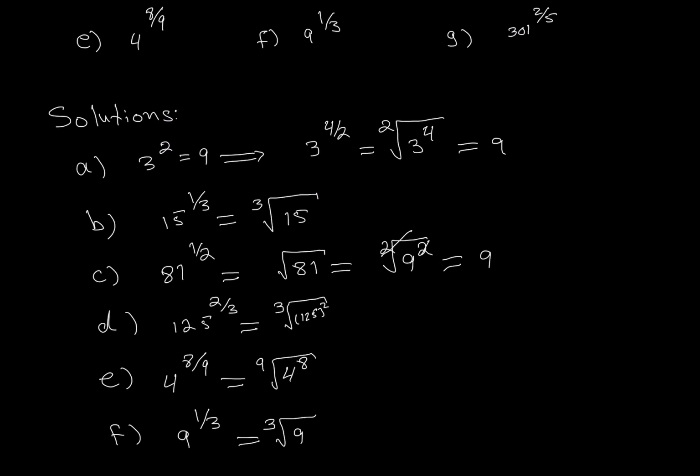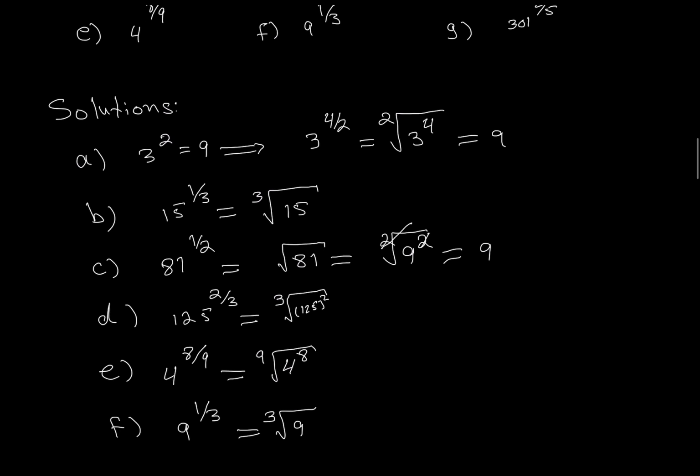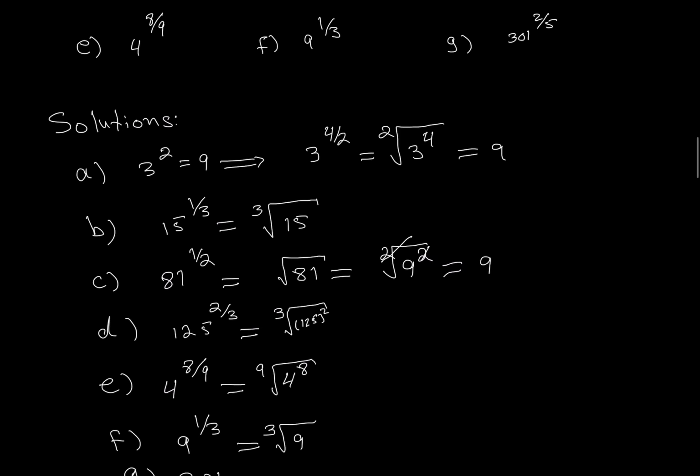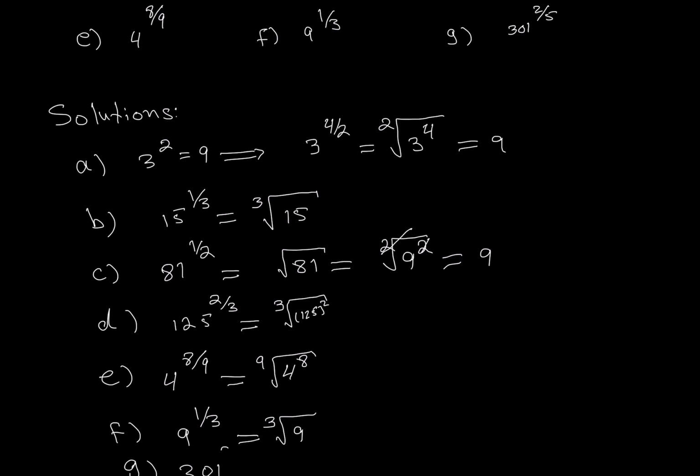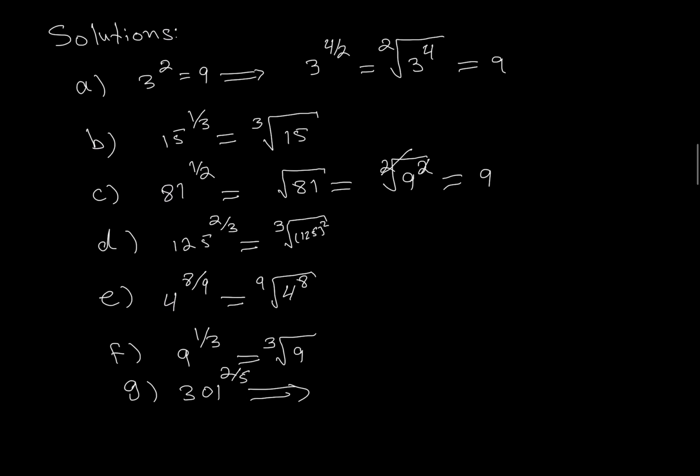Here we do not write it down. So what is g? g is 301 to the power of 2 over 5. You guys solve that. You guys try that.